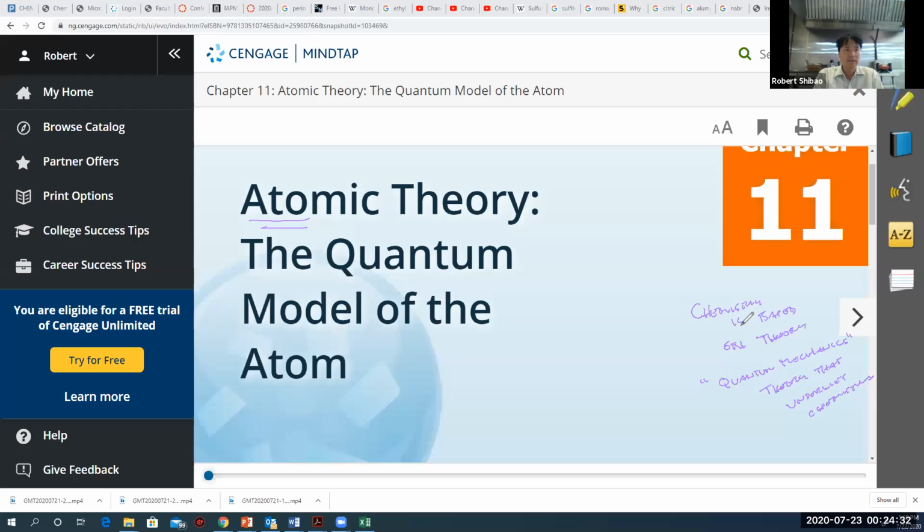Chemistry is based on what theory? The answer: quantum mechanics. The theory that underlies chemistry is quantum mechanics.